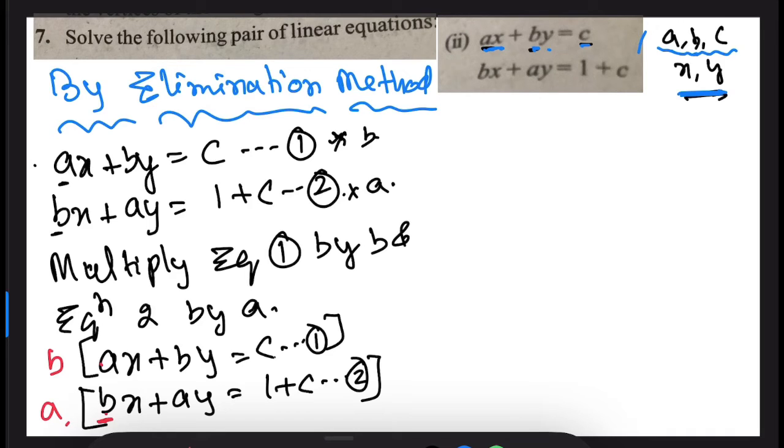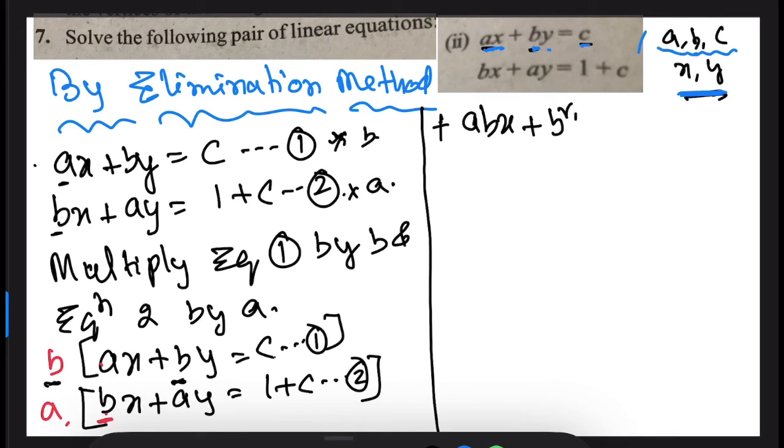Now after multiplication what will we get? Let's write down. Plus into plus is plus, a into b is abx, then plus into plus, b into b is b square y, equals b into c is bc.